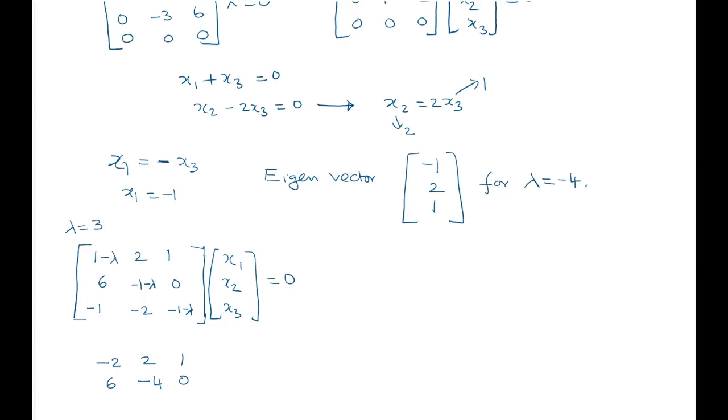Let me take some space. Okay. We have to go to the next page anyhow, let it be. So here this is minus 1, then minus 2, and this is once again minus 4, multiplied with x1, x2, x3, and the right hand side is 0.